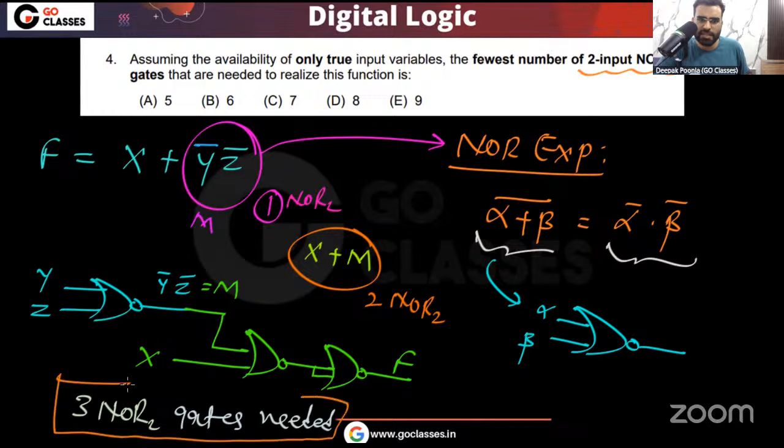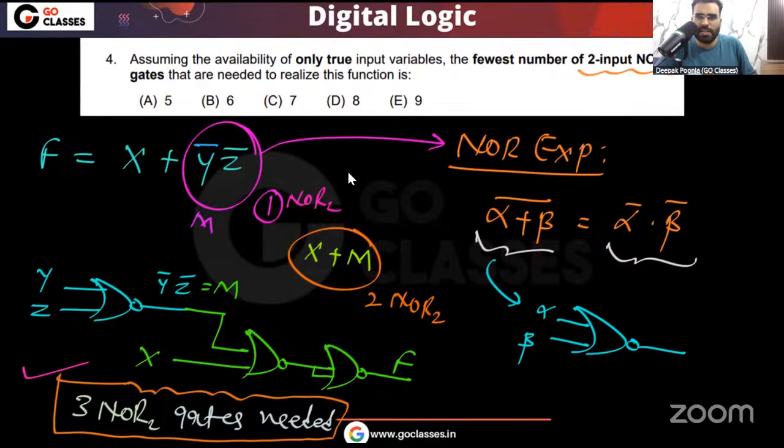Our guidelines are giving us the value 5, but in the expression you can directly see that we have a NOR expression. For a NOR expression we need only one NOR gate. Then for this OR operation we need two NOR gates. So a total of three NOR gates are required. So the minimum number of NOR gates required will be 3.